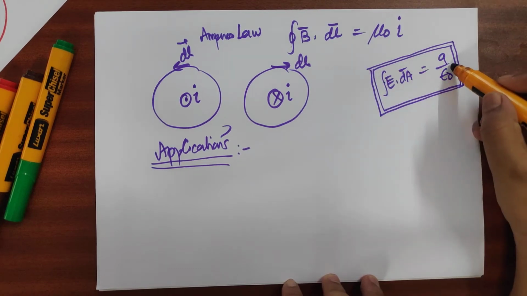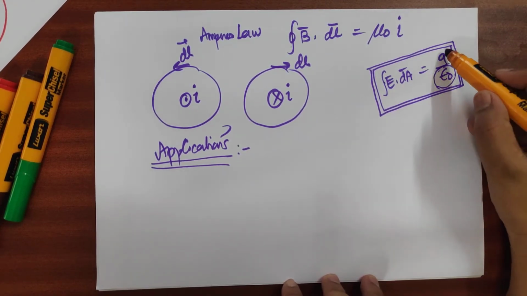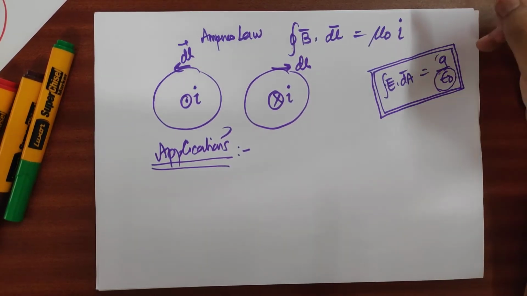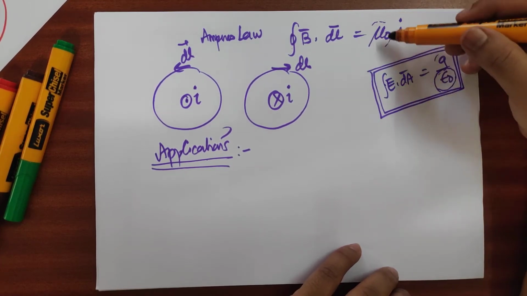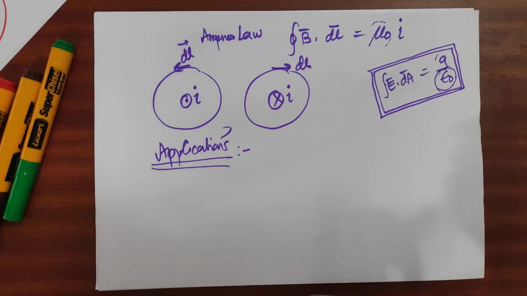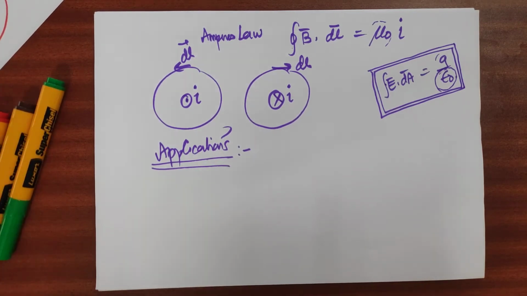You have this same epsilon naught for vacuum, and for a dielectric also, what changes is the charge. Similarly, in a magnetic substance, this mu naught doesn't change. What changes is the current. In a magnetic substance, you will realize the atomic currents flowing in the loops. However, that we will deal with in a later chapter.